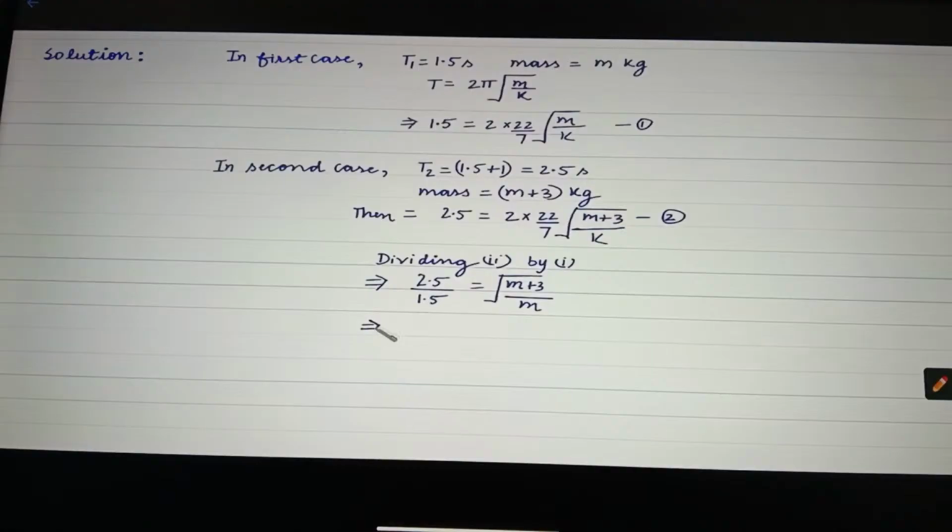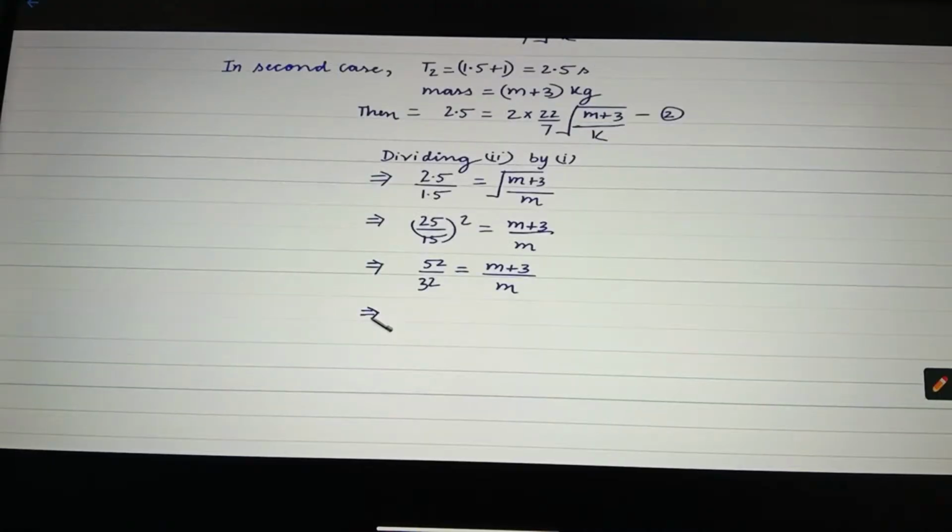Squaring both sides, we will have 25 by 15 whole square is equal to m plus 3 by m. This implies 5 square by 3 square is equal to m plus 3 by m, so 25 by 9 is equal to m plus 3 by m.